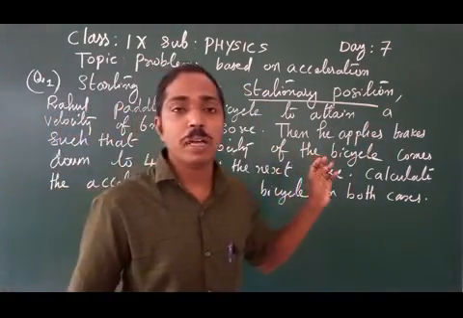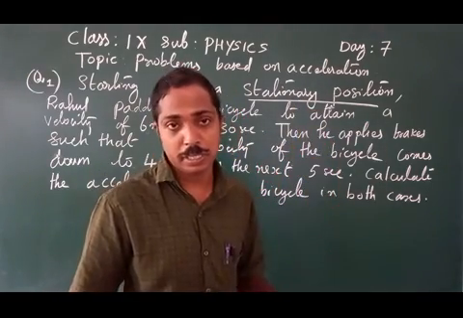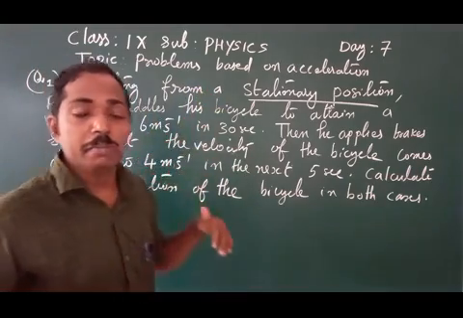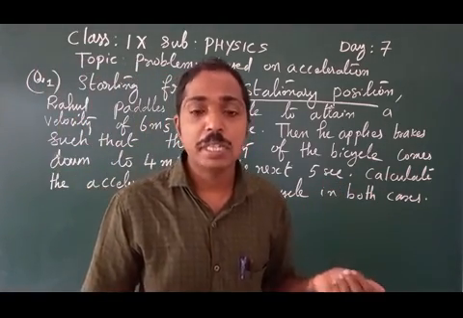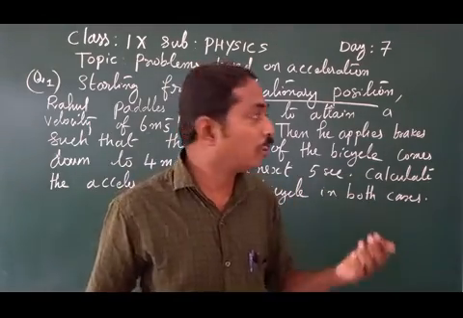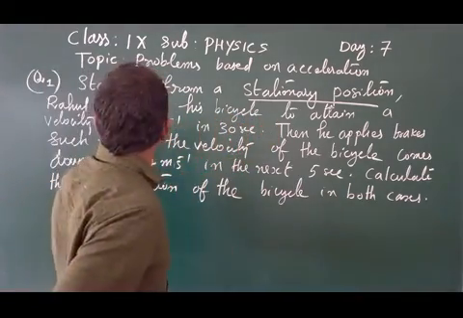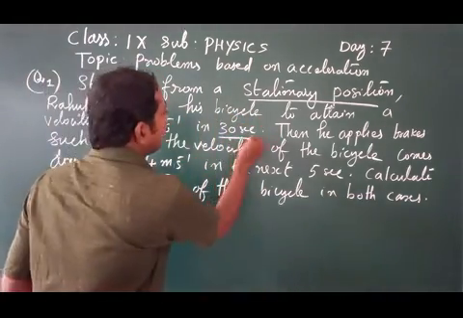Here in this problem, this stationary position is very important. Stationary position, starting from rest, means initial velocity is zero. Then he pedals his bicycle to attain a speed of 6 meters per second in 30 seconds.